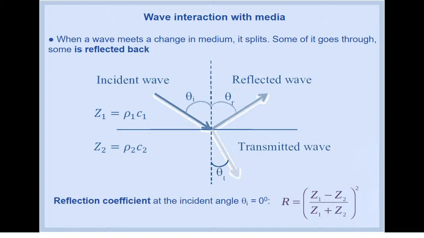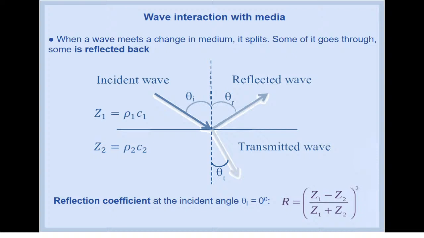Some of it goes through, some is reflected back. And this depends on the mechanical impedances of the media that are separated by the surface that mechanical wave strikes. If the impedances of the two media are very different, then much of the sound will be reflected, not transmitted at the interface. The media are said to be acoustically mismatched.